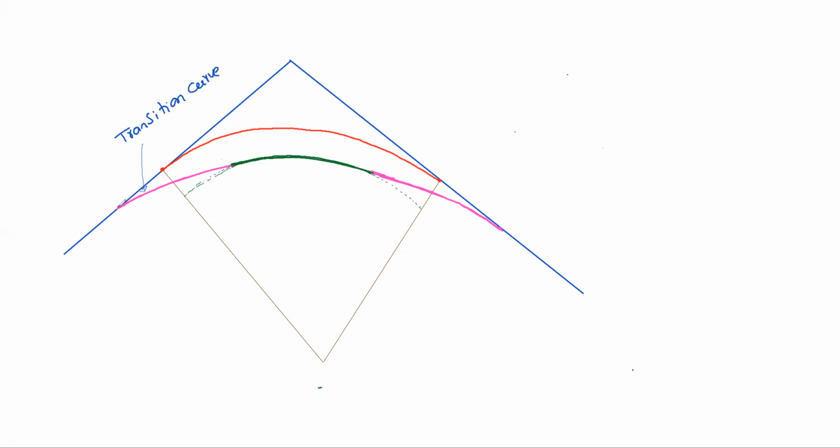Suppose these points are A and B, then it is C, D, E, F. The CD portion is a transition curve and the EF portion is also a transition curve.